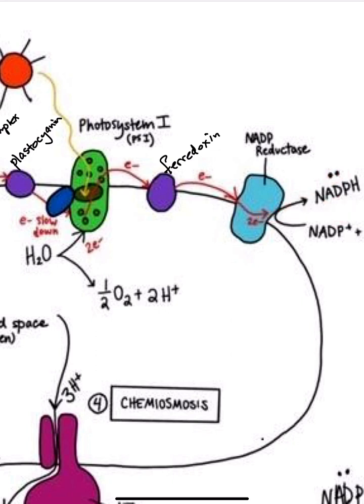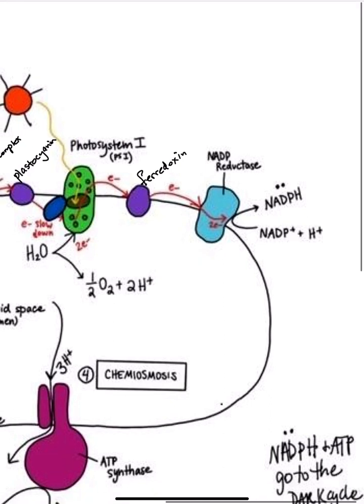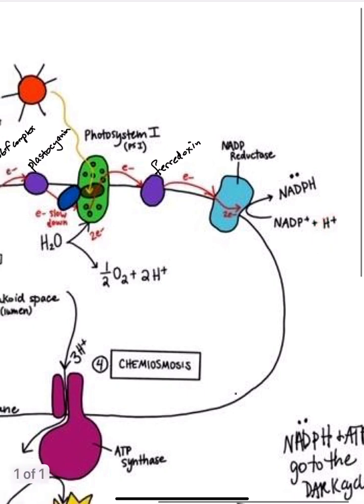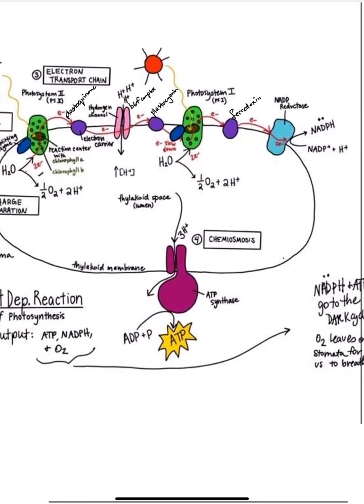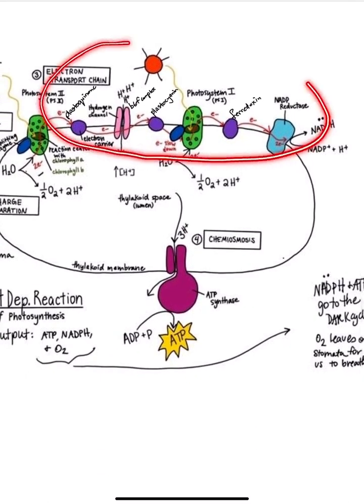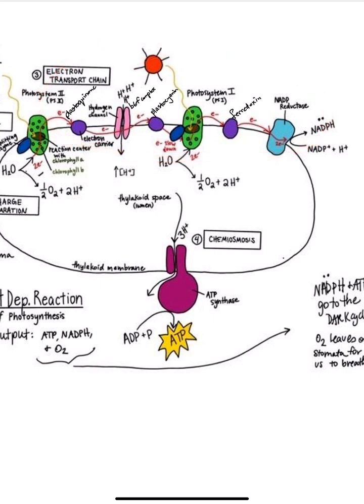It is NADP plus that in fact picks up these electrons and forms NADPH, becoming reduced. It also picked up a hydrogen ion. So that completes our electron transport chain, which is all the events that occur up here in the thylakoid membrane.